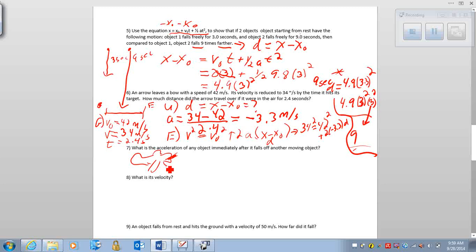If this airplane was accelerating, the object that falls off of it will have no more acceleration because the plane is not pushing it anymore. So the answer to number 7 is 0. The acceleration is equal to 0 after falling off.